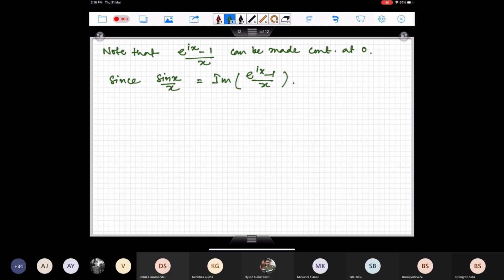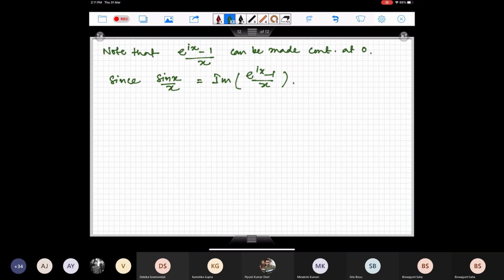Here of course my x is a real number. So this is still the imaginary part. We were initially supposed to take e^{ix} upon x, but instead, if we just subtract a 1 and then take (e^{ix} minus 1) by x, there is nothing much that is changing.